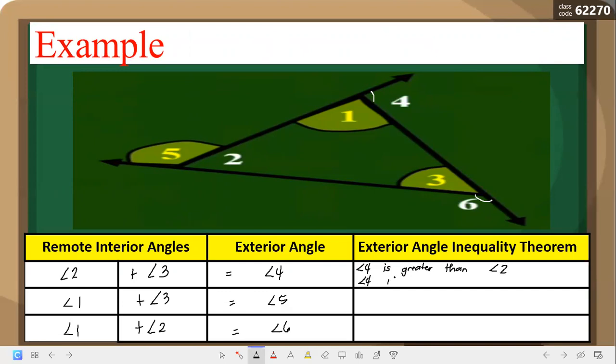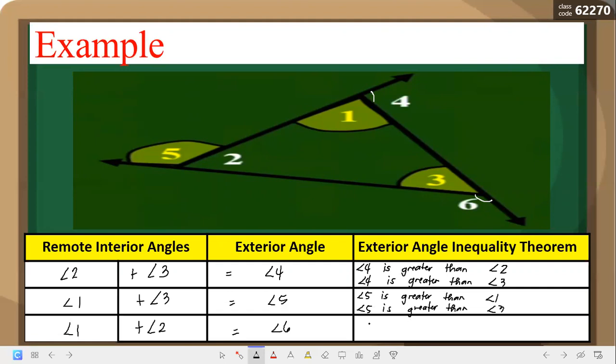Angle 4 is greater than angle 3. Also with this one, we have angle 5 is greater than angle 1.